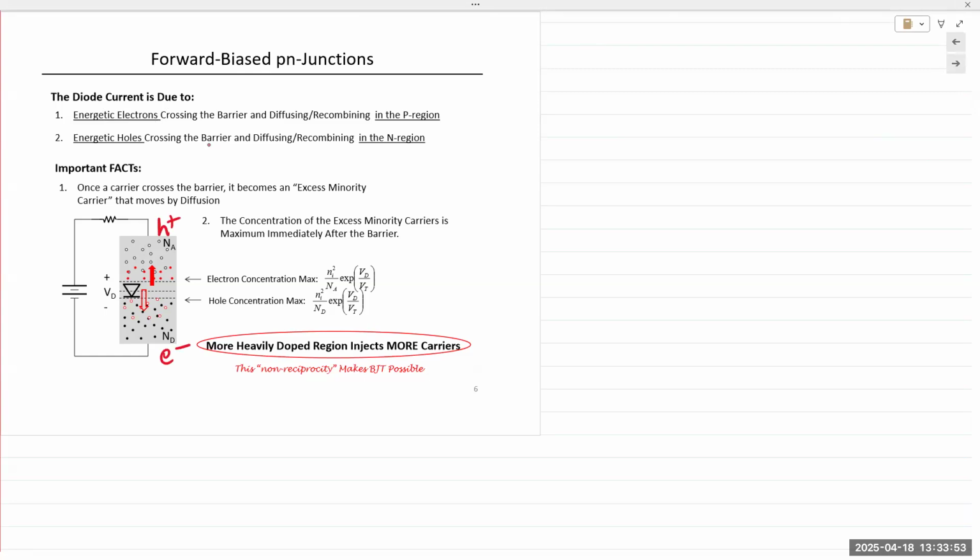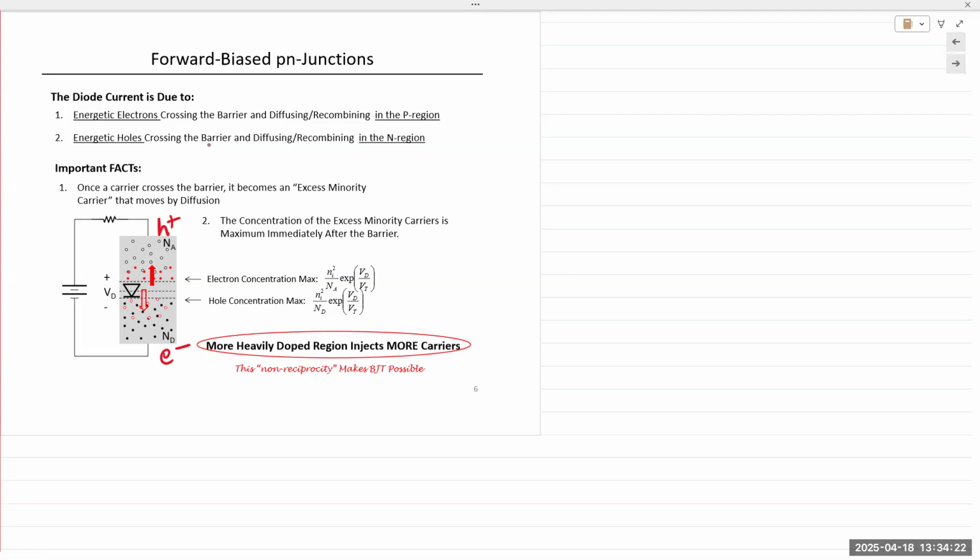These majority carriers acquire enough energy to cross over the junction, and they diffuse through, and a large amount of current flows through. So if you have a heavily doped P and N-type material, you have a large number of majority and minority carriers available, right? So the level of doping increases the amount of current that can pass through the junction. More carriers, more current. So far, so good? Right.